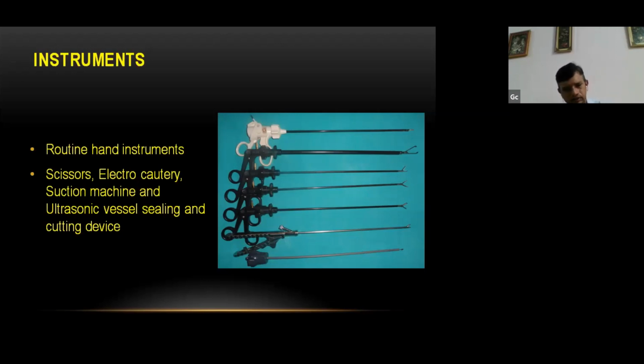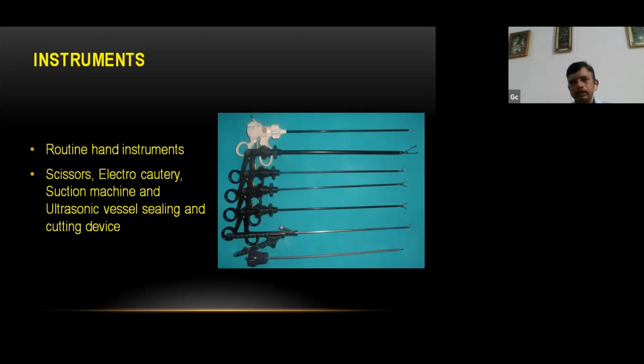And this crocodile forceps is an atraumatic holding forceps that is very good for holding the thyroid, and you can say alligator forceps also. This alligator or crocodile is very useful for holding the thyroid, although we don't have it in our department. And then an extractor for the specimen.